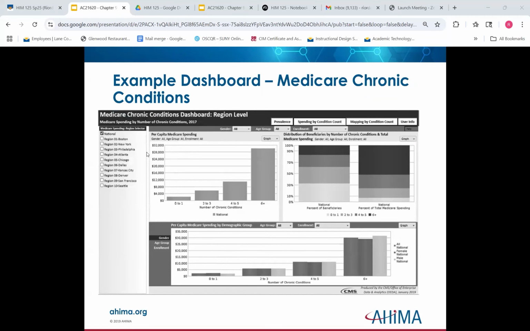So you can see here, as we see in most Medicare graphs, the categories on the x-axis, and then the quantity, or in this case, the per capita Medicare spending, is on the y-axis. And this gives us data, not surprisingly, showing that we spend just under $32,000 on Medicare patients per capita with 6 or more chronic conditions.